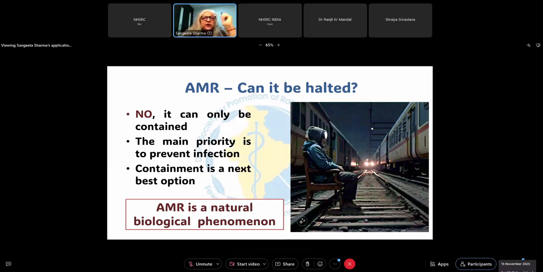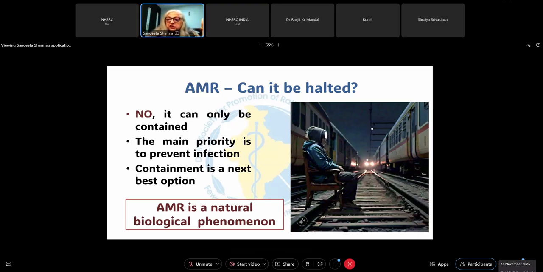So if we are able to prevent infection, that should be our target. And if somehow infection still happens despite all precautions, containment is the next best option. By containment, I mean that you need to control the spread. If an outbreak happens, we need to contain it so that it does not become an epidemic, and the epidemic does not become a pandemic like the COVID one that we had.